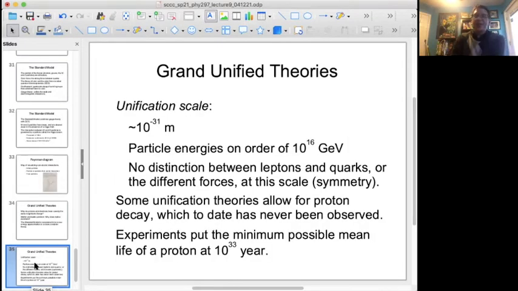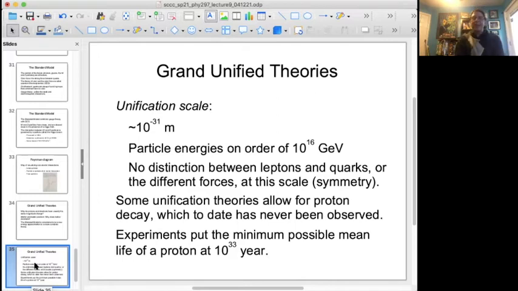So the grand unification theories typically start at what's called the unification scale, which is 10 to the negative 31 meters. So we're talking very, very tiny sizes that you would get in the tiniest fractions of a second after the Big Bang. So we're talking particle energies on the order of 10 to the 16 giga electron volts.